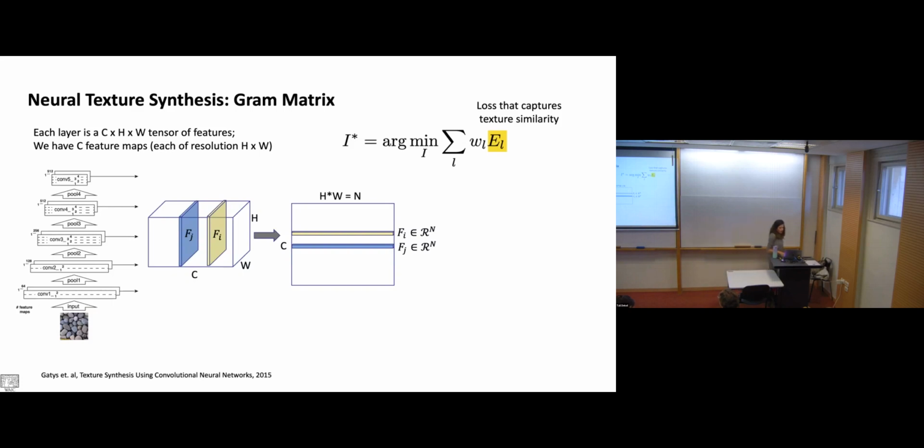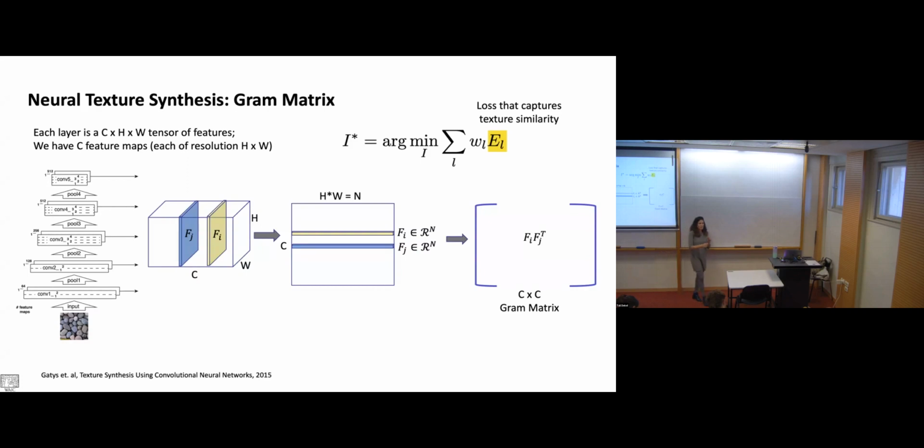Okay, and now we're going to compute a C by C matrix, which is called the Gram matrix. Each element in this matrix is going to measure the correlation between two features. This is just the dot product between them, F_i dot F_j transpose. So this Gram matrix captures which features activate together and which ones are in high correlation, negative correlation, or no correlation.